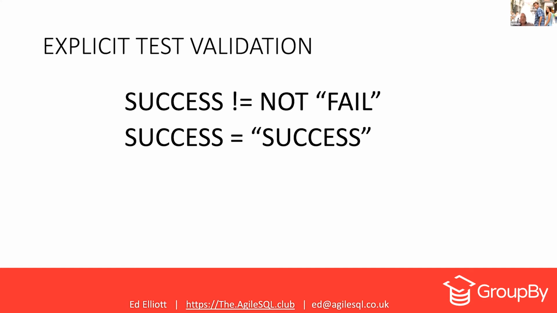We also need to be very explicit about what it is we test for. So if we run a package, we shouldn't just look to make sure that the word failed doesn't exist. We should be looking for a message that says success. If we know that the package should have written 20 rows, we should look for a message that says the package has written 20 rows.